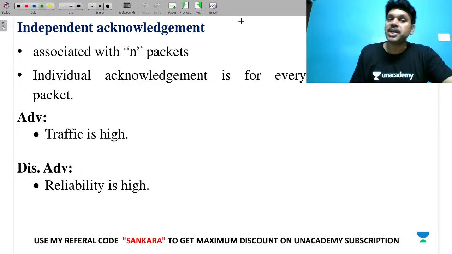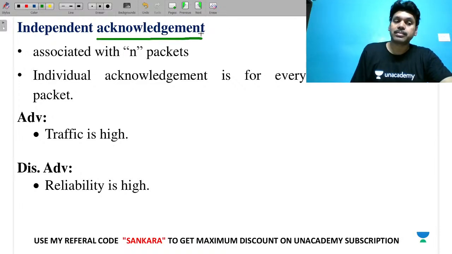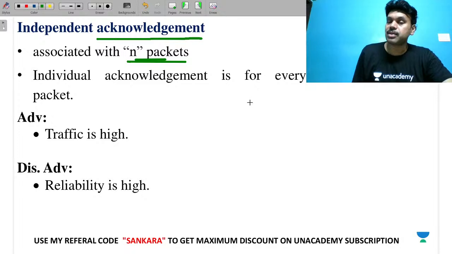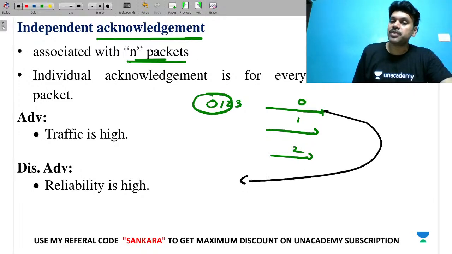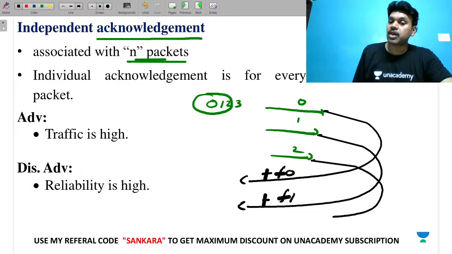If I am using independent acknowledgement associated with n packets, as I already showed you in the previous example, 0, 1, 2, I have pushed 3 frames, 0 and 1 and 2. If I am using the independent acknowledgement system, I need to give an acknowledgement for 0, an acknowledgement for 1, and an acknowledgement for 2.